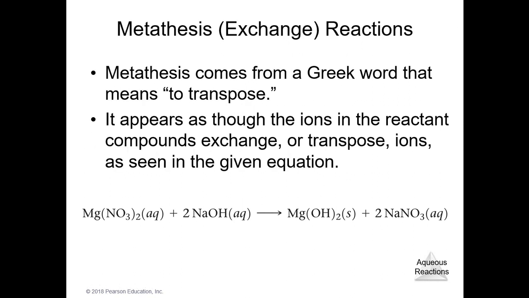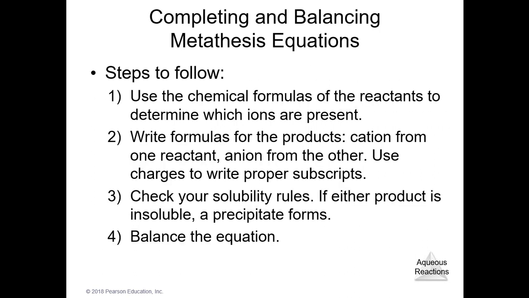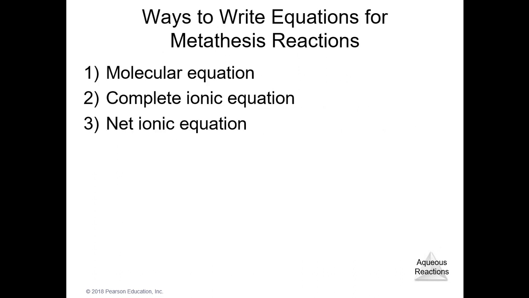Another name for this precipitation reaction is metathesis or exchange reaction. That's the same thing. So this is how you write a fully balanced metathesis reaction. Whenever you have any metathesis or exchange reaction, we call it a double displacement reaction.